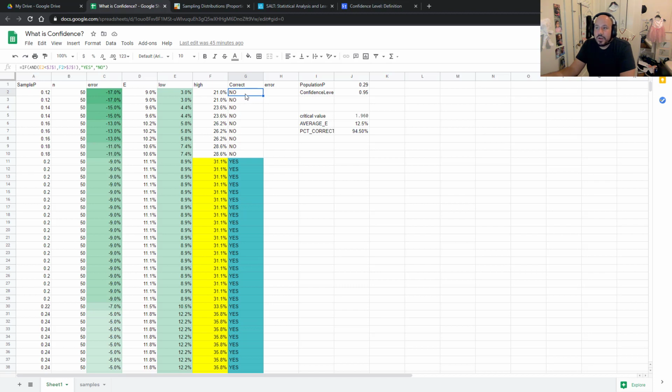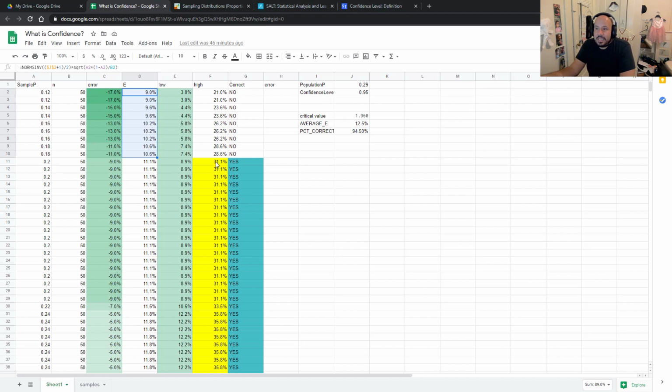So if you notice over here, I have a bunch of no's. Basically, these are all examples where the actual error, the actual distance that these points are away from the true value, is bigger than the margin of error that I was using as my wiggle room, that I computed using this confidence level.